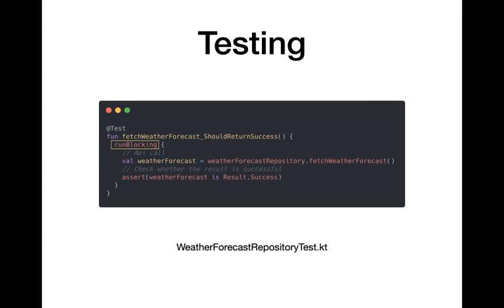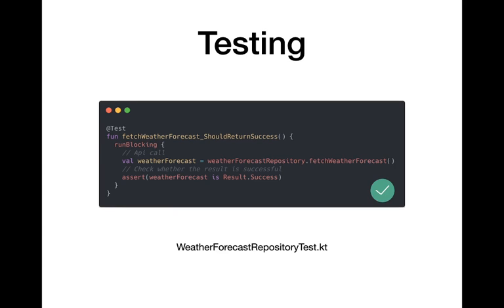Because it's a suspend function, it needs to be called from a coroutine scope, which here we use runBlocking for tests. Then we call that suspend function, and we assert if the result is success or not. And this test passes successfully, of course. This is a very simple test case.